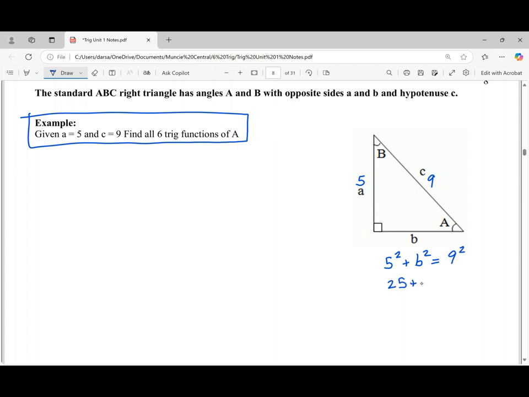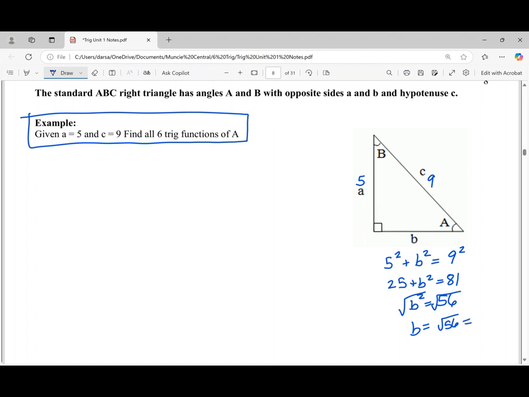So 25 plus b squared equals 81. So b squared is going to be 81 minus 25, which is 56. Square root both sides. Technically, this should be plus or minus the square root of 56, but because we are using side lengths, that's going to be a positive square root of 56.